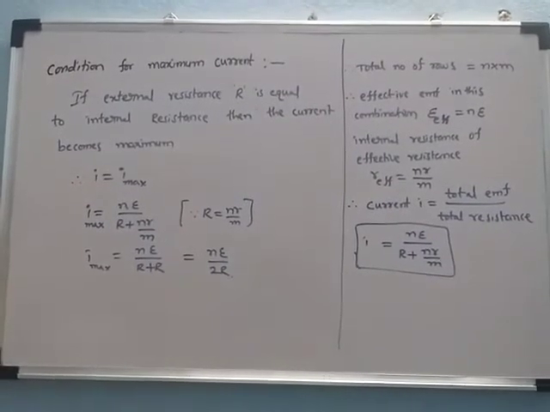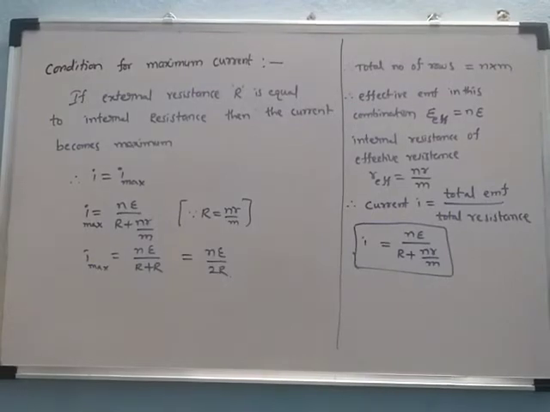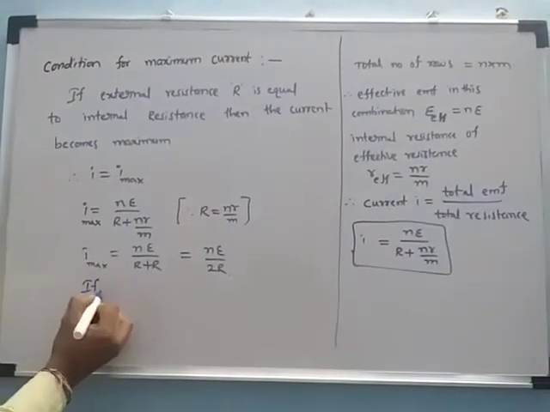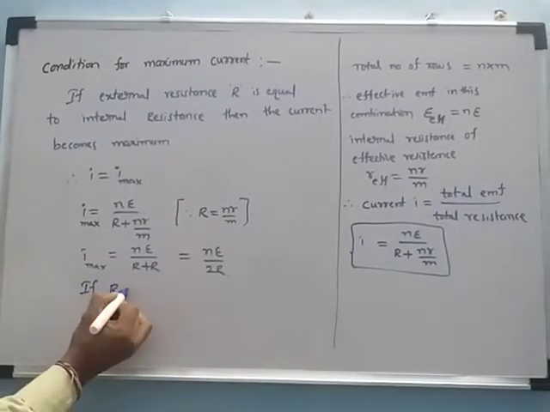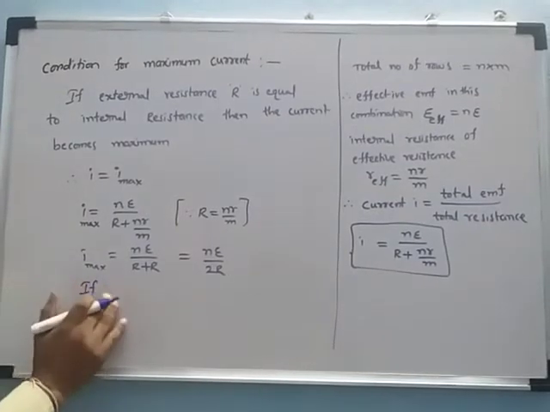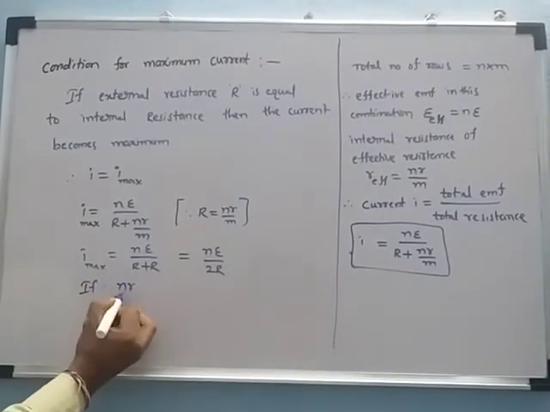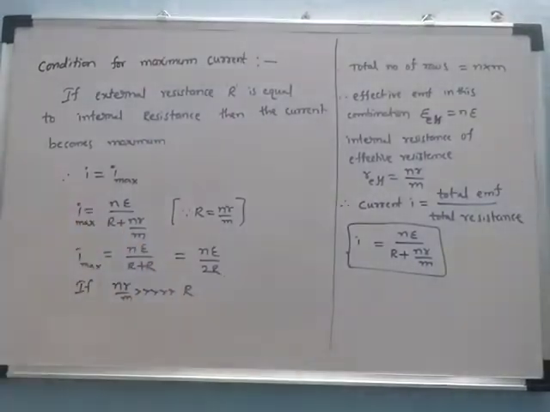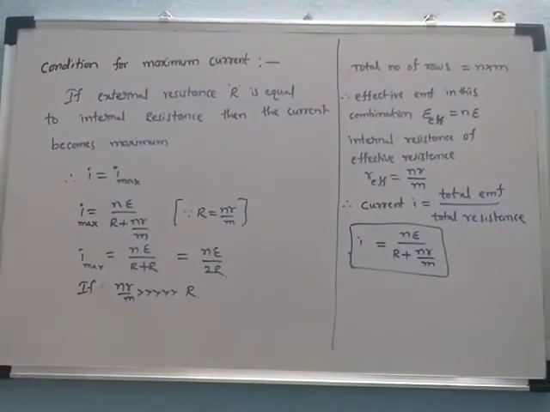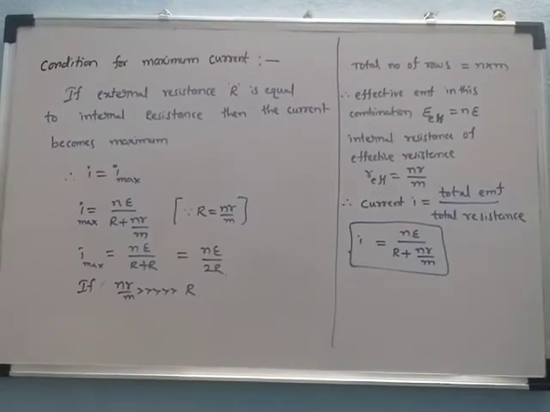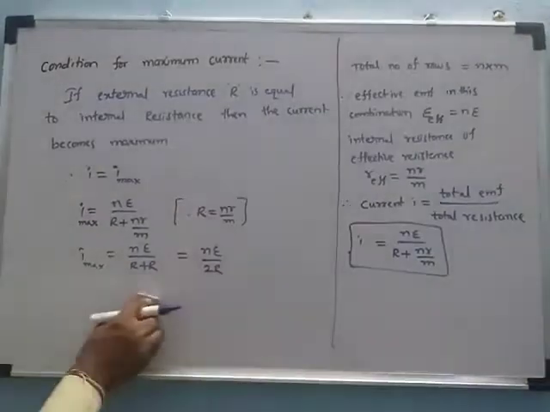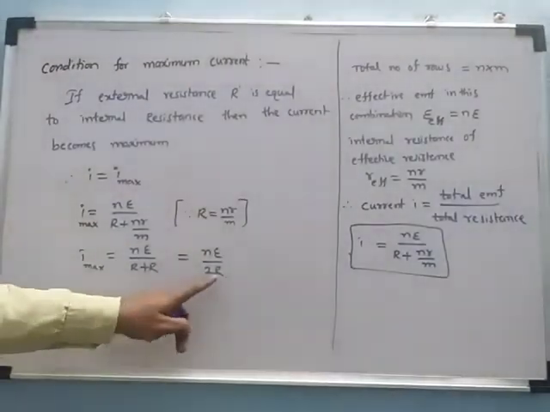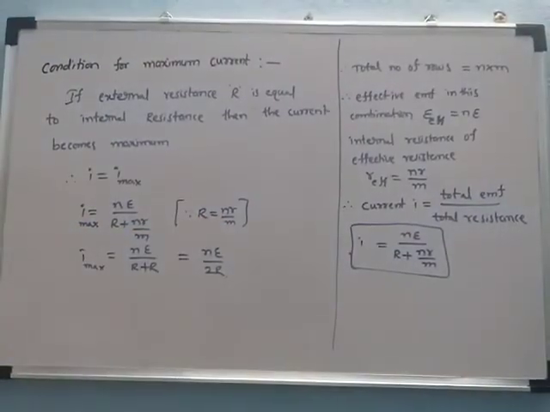Now here the condition also is that the effective resistance n r by m is equal to capital R. We also know the formula R is equal to n into r by m.